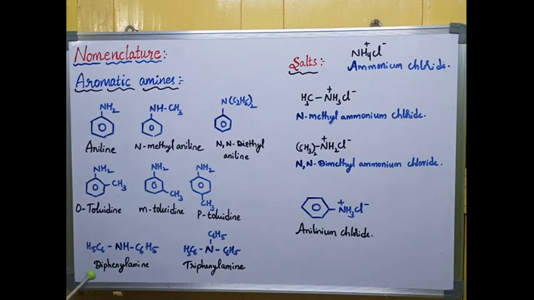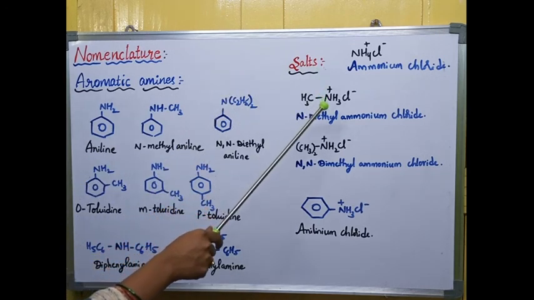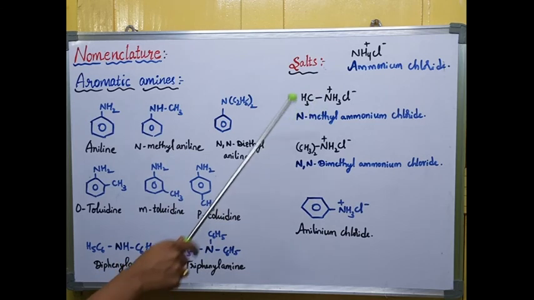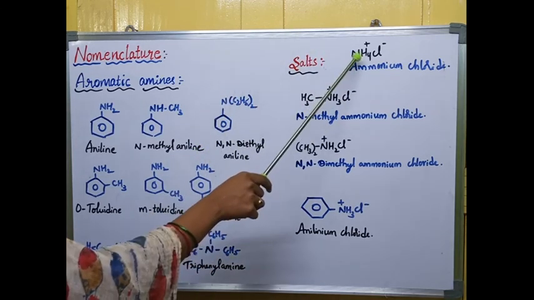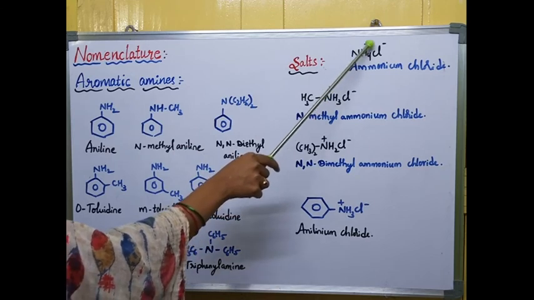So finally we'll come to the salts. Already we have seen that quaternary ammonium salts will be formed in the case of amines also, so we can name them as derivatives of the particular salts. You can see NH4Cl is called ammonium chloride, which can dissociate into NH4+ and Cl-.